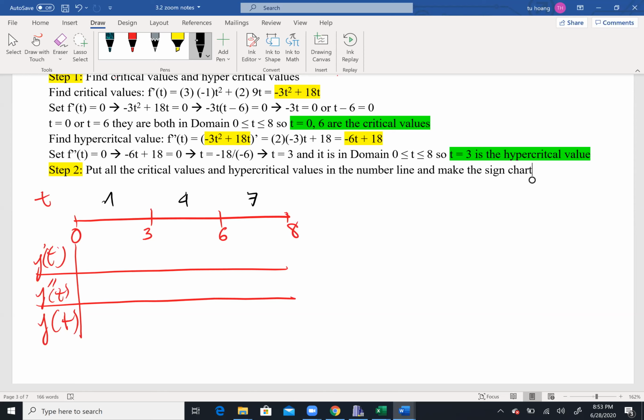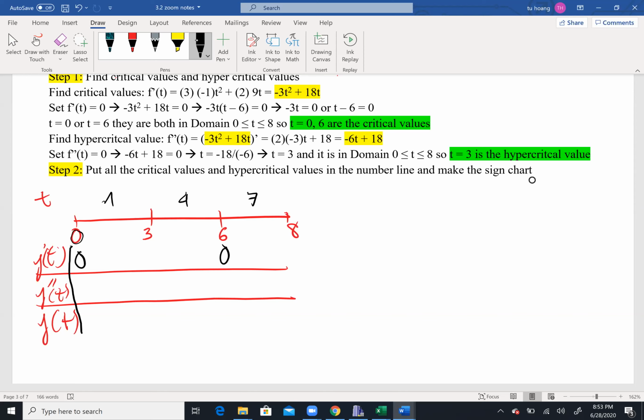Now I'm going to consider f derivative of t. I know that for the value at t equals 0 here, f derivative of t has to be equal to 0. So I can put 0 here. And 6 also, the value at t equals 6 also makes f derivative of t equal to 0.